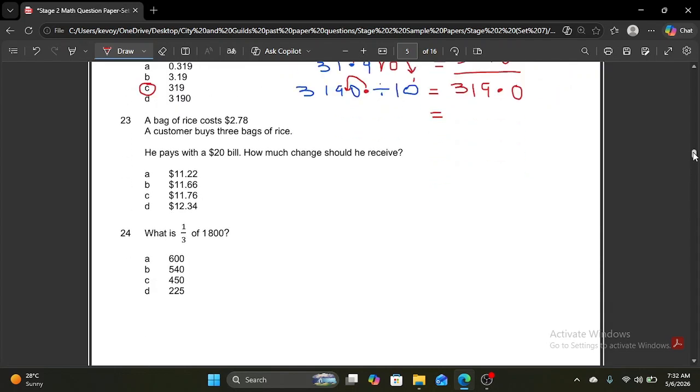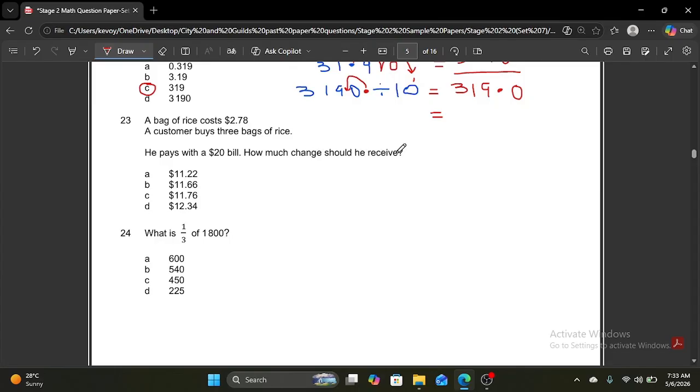Alright, moving right along. A bag of rice costs $2.78. A customer buys 3 bags of rice. He pays with a $20 bill. How much change should he receive?